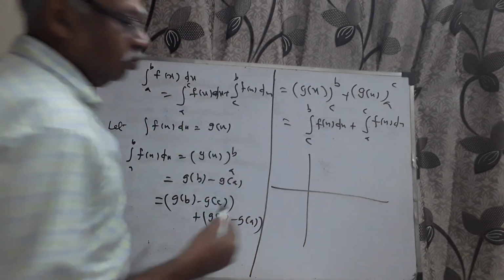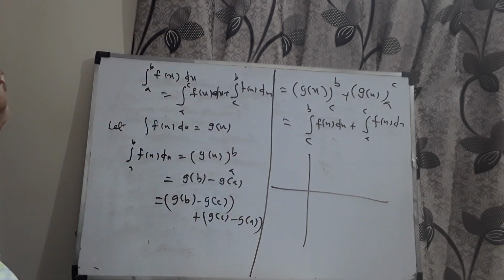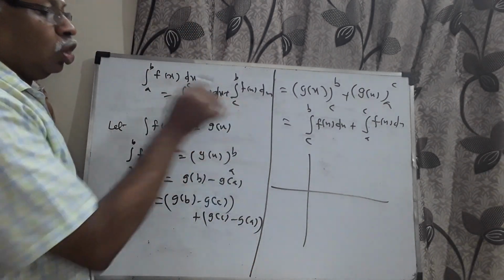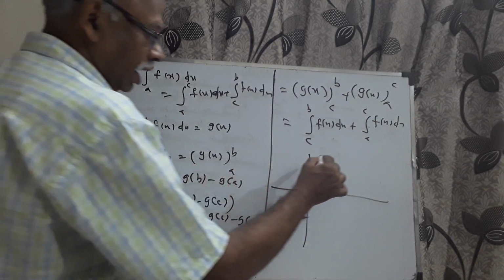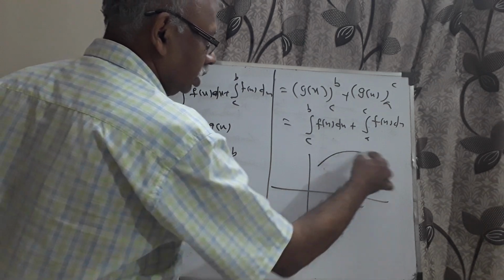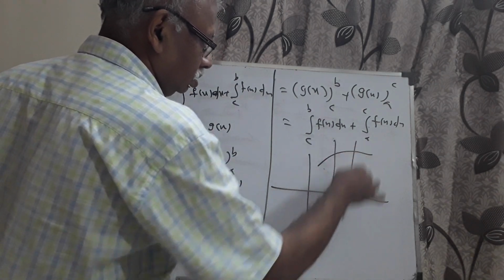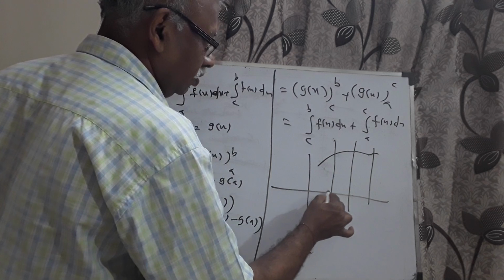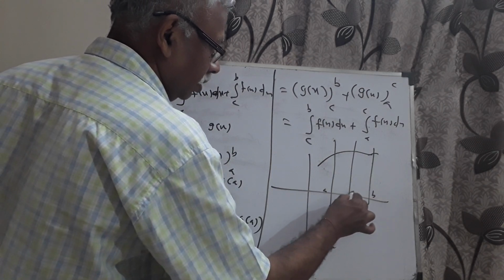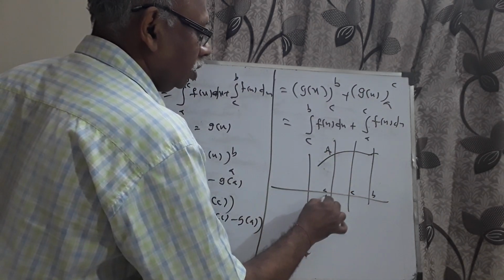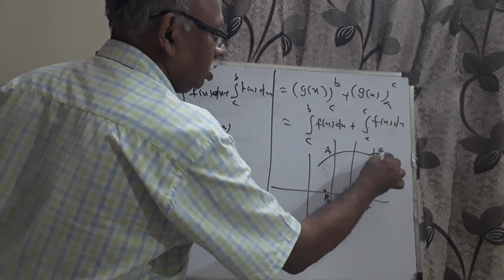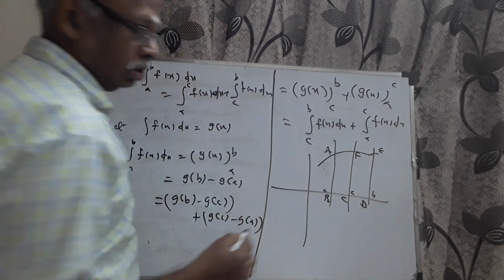But the only thing you are supposed to remember here is that the value c need not be between a and b. I'll give an explanation for that. Remember carefully. I will take a method like this. This is my a, this is my b, this is my c initially, let us say. Let me mark the points: A, B, C, D, E, let us say F here.